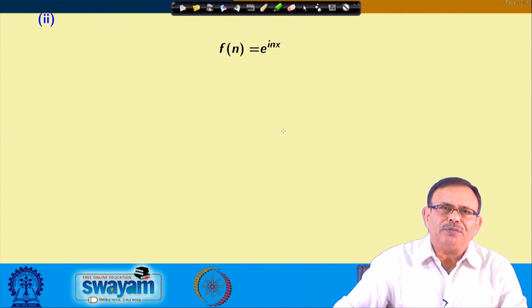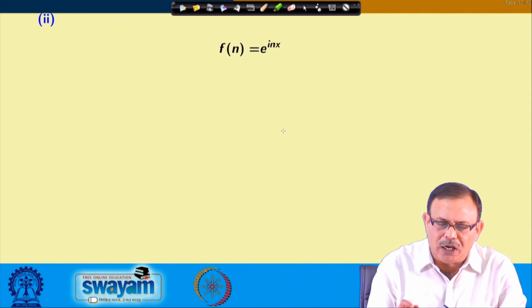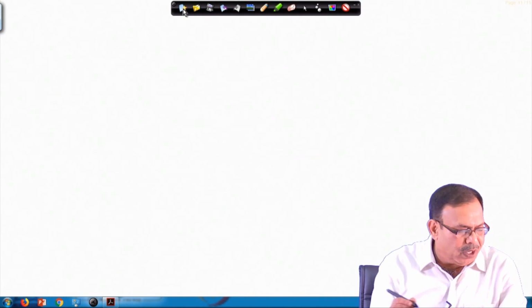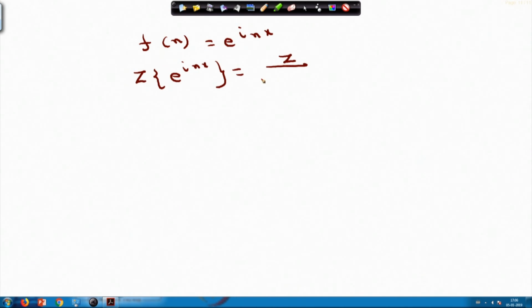Now, let us see this one. We want to find the Z transform of f(n) equals e to the power i n x. So, the Z transform of e to the power i n x, from the earlier example itself, I can tell is z by z minus e to the power i x, because the Z transform of a to the power n is equal to z by z minus a.